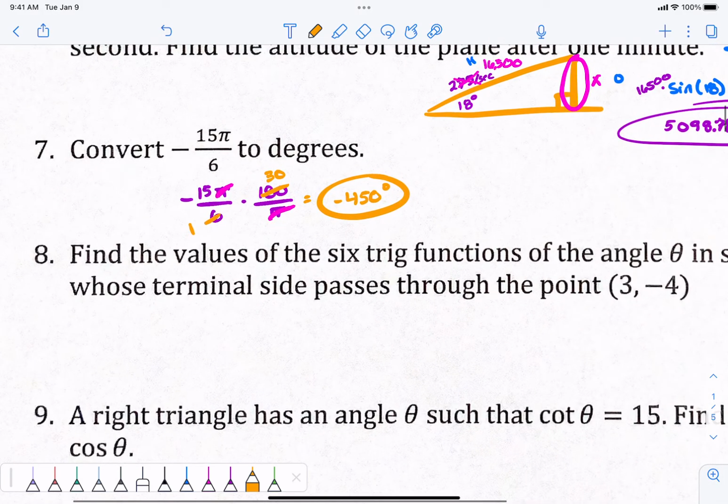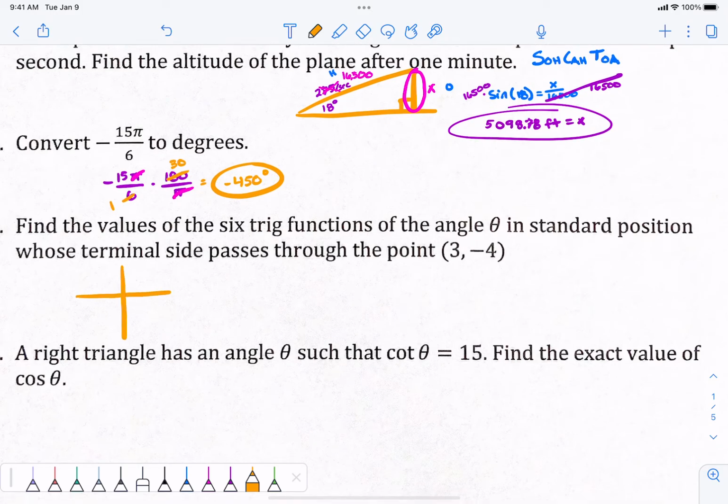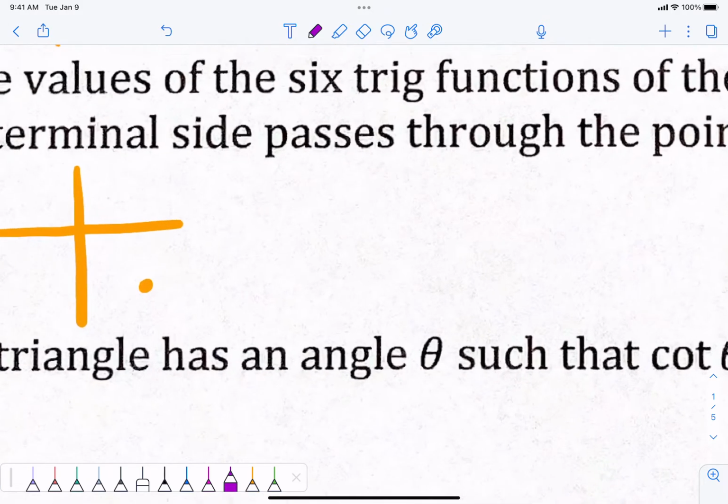Find the value of the 6 trig functions of angle theta in standard position whose terminal side passes through 3, -4. 3, -4 is in the 4th quadrant, right here. And we make a triangle out of it.